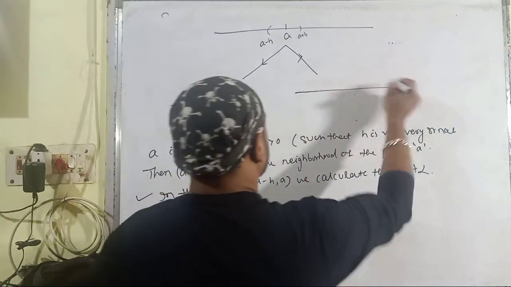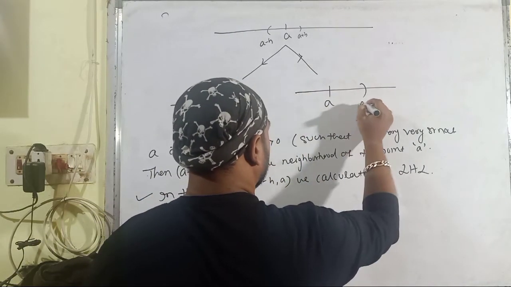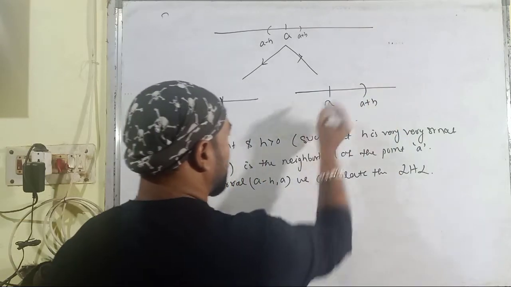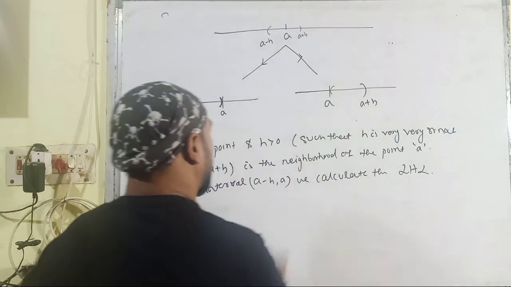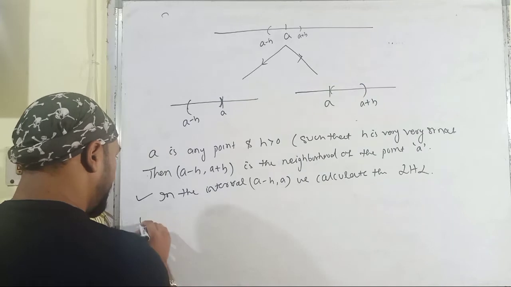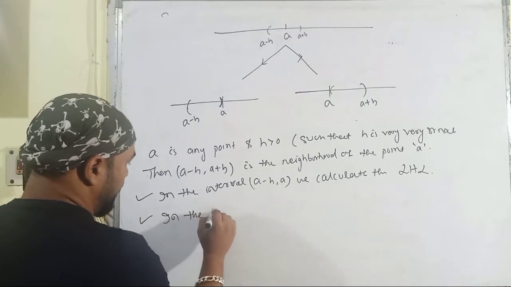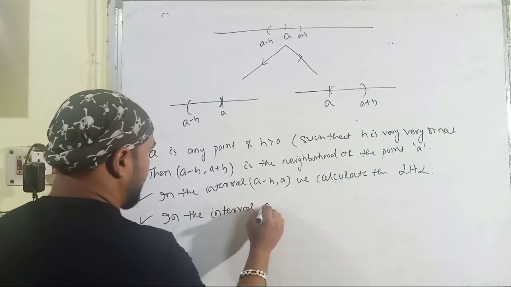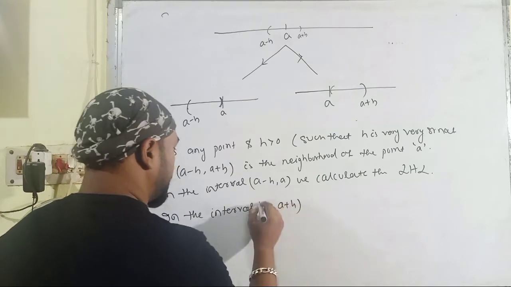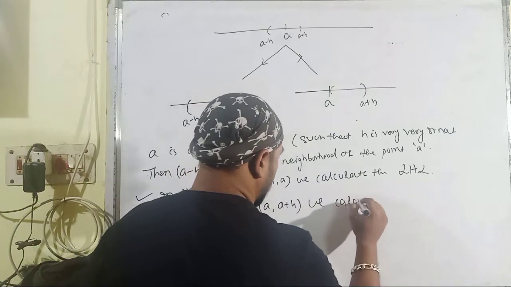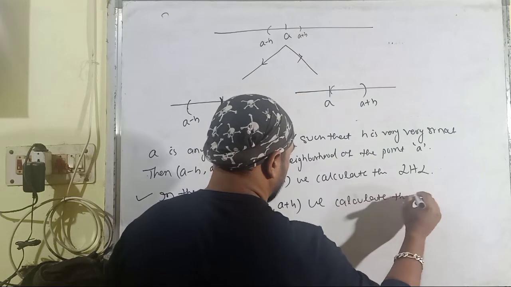Similarly, by considering the right hand side, suppose this is the point a plus h, then in the interval a comma a plus h, we calculate the right hand limit.